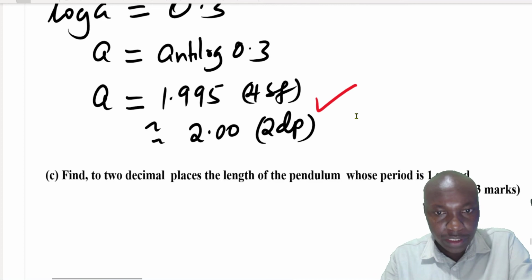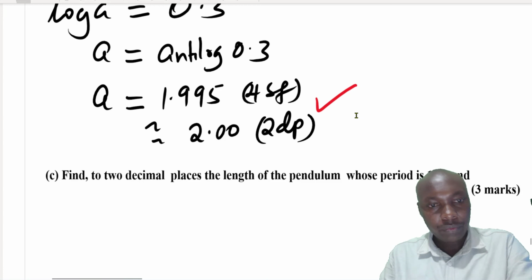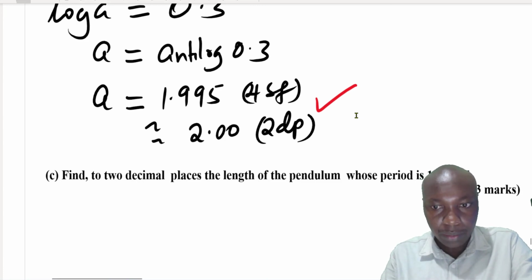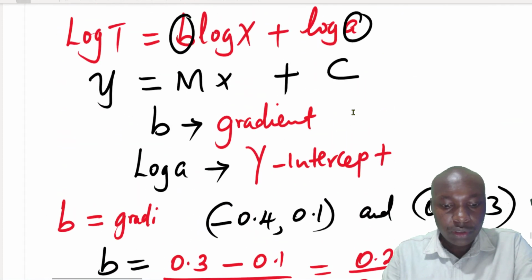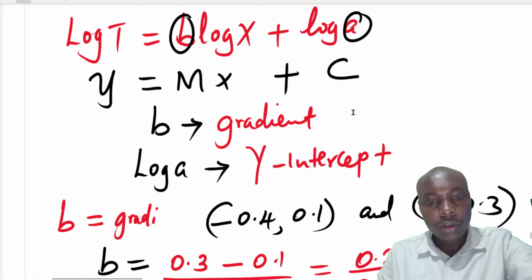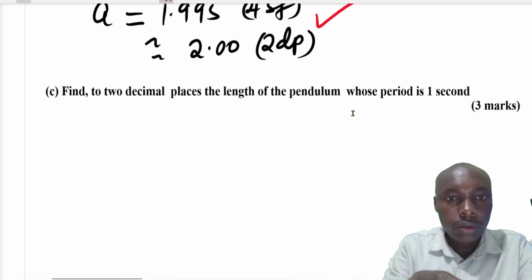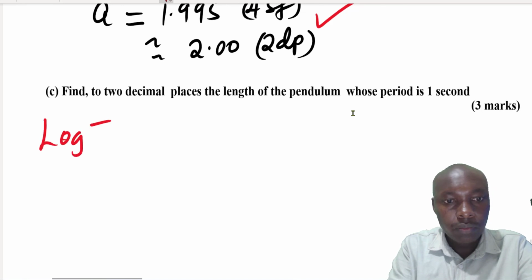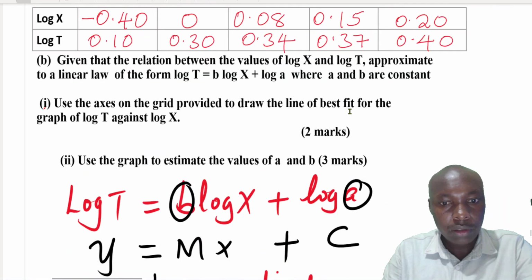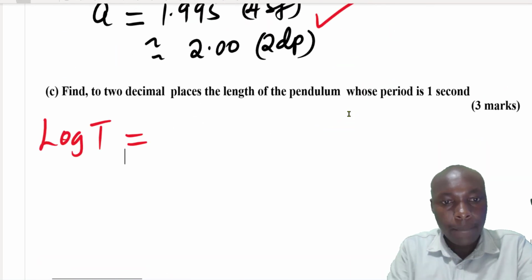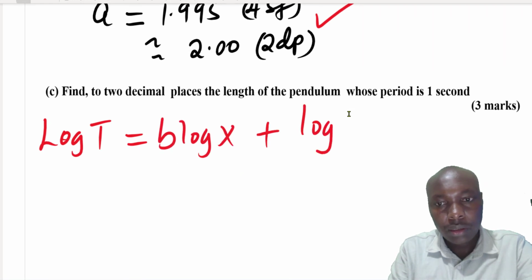Now find, to 2 decimal places, the length of the pendulum whose period is 1 second. So what you're going to use is this equation: log t is equal to b log x plus log a.